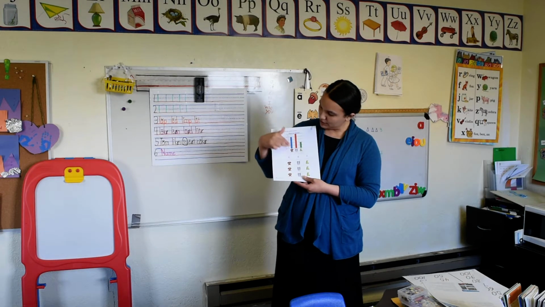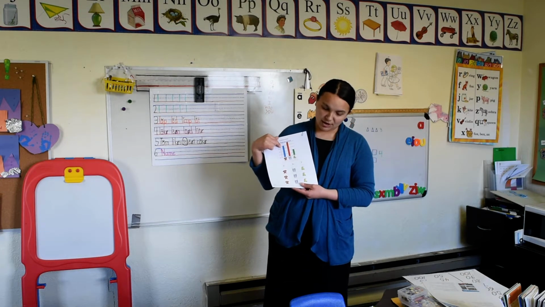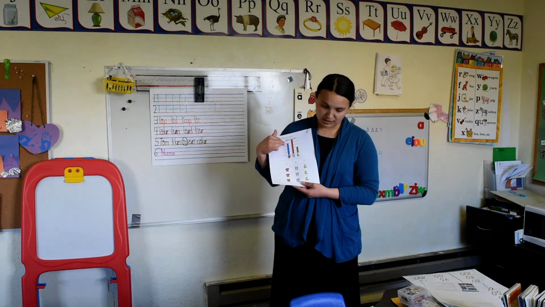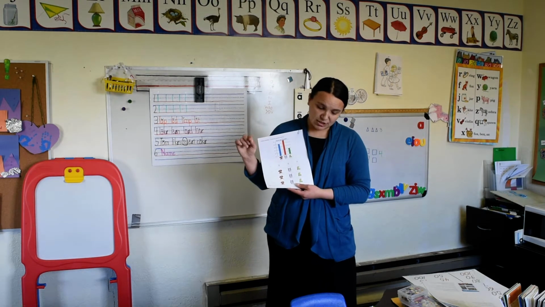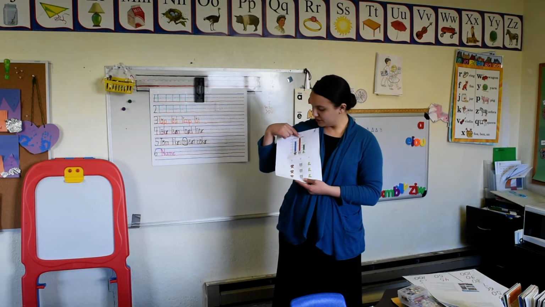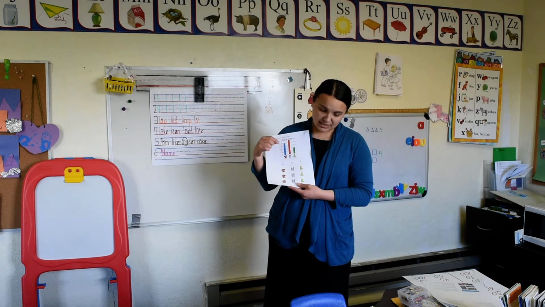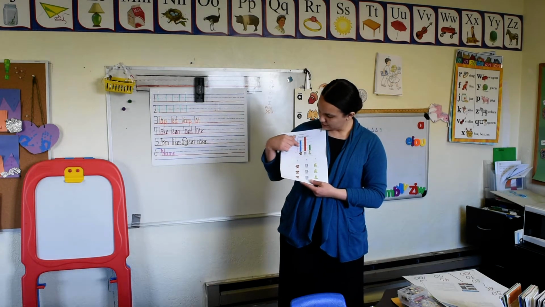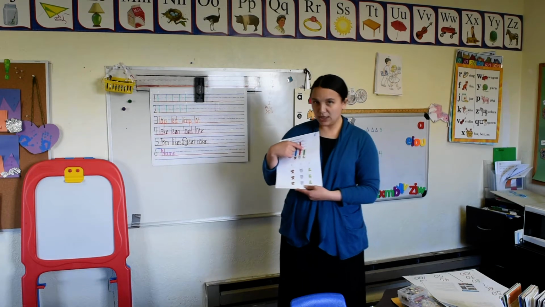She drew a blue bar for the dogs to show that 4 students have dogs. She drew a red bar to show that 5 students own a cat. She drew a green bar to show that 2 students own birds.